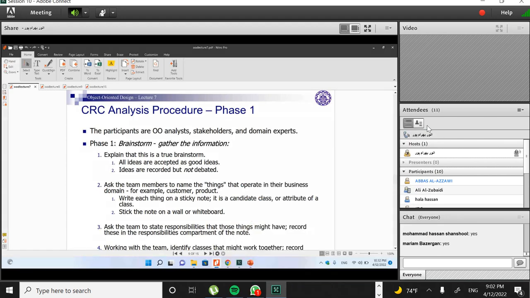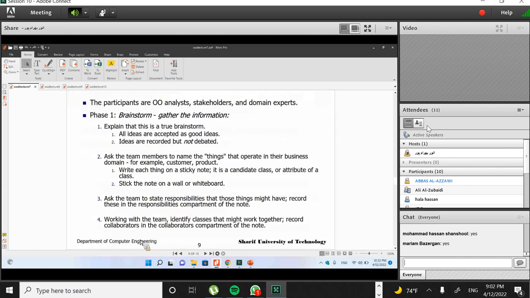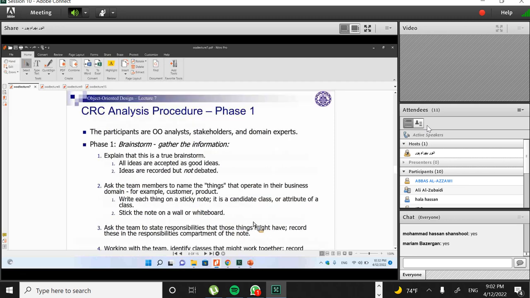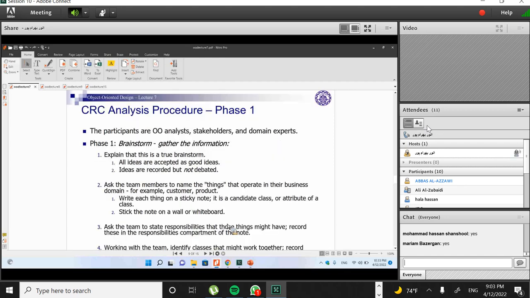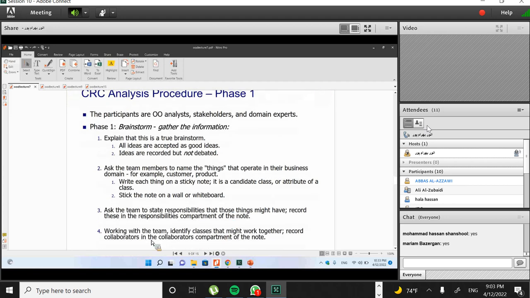And in the last step of this phase, work with the team to identify classes that might work together, because we should write collaborators for each class. The collaborators of each class should be identified in step 4.